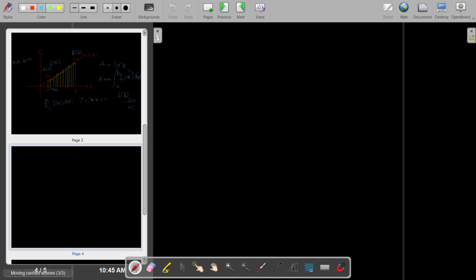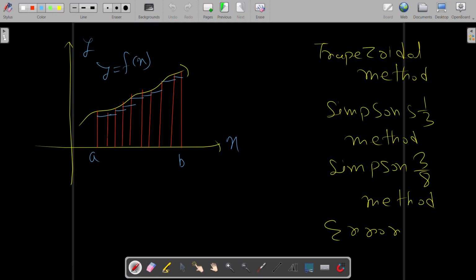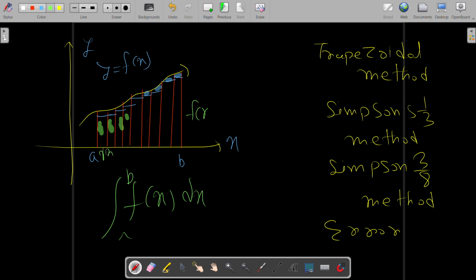Next, similarly for a curve, we cut it into smaller strips under the curve. The strips are cut out, and these parts are not being taken. So the general formula again becomes, for this curve, the integration of f(x) dx from a to b equals, these lengths are dx, these are f(x) size, or f(b) minus f(a) plus c.